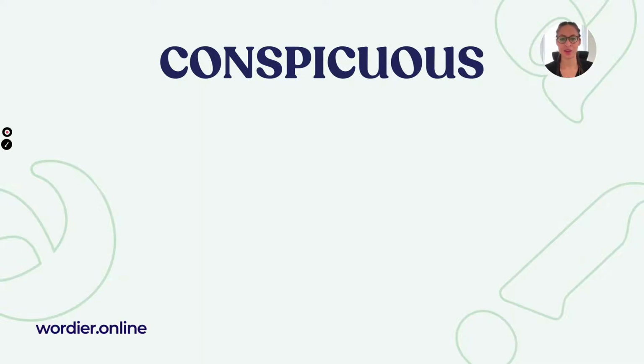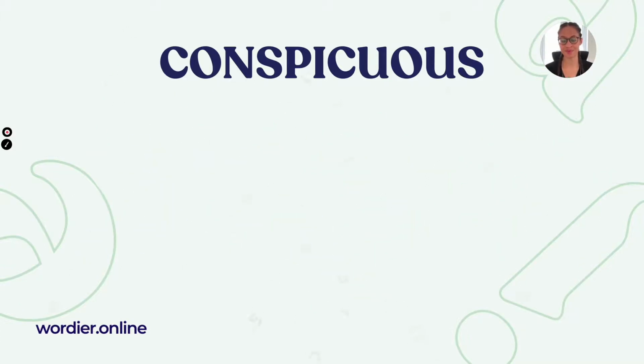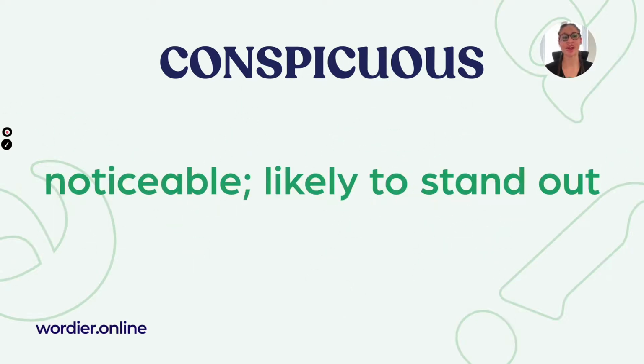conspicuous. So we've got the spic root in the middle there, and this is to do with being easy to see. So the skyscraper was highly conspicuous next to the cottages. It's highly conspicuous, easy to see, it stands out, and you're not going to miss it. So the definition is very noticeable, likely to stand out, conspicuous.